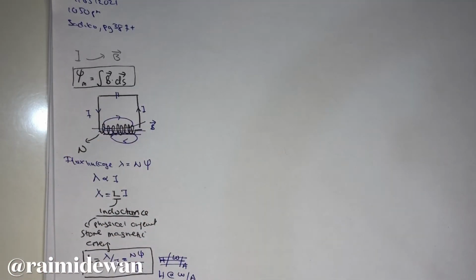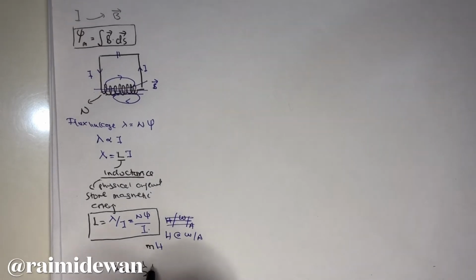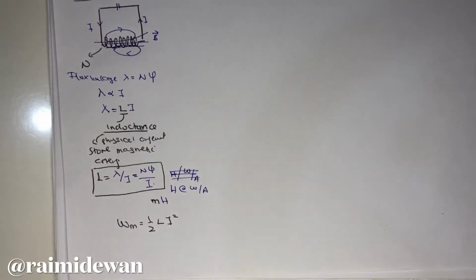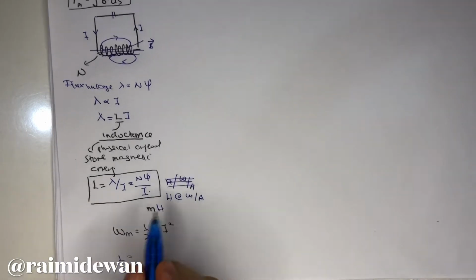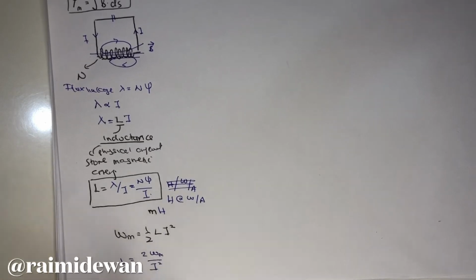So we can express the magnetic energy stored in the inductor as Wm equals half of Li squared. If you rearrange to relate it with your inductance, L is also equal to 2Wm over I squared.